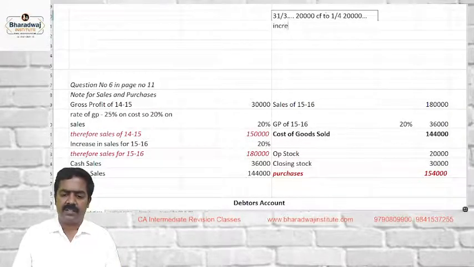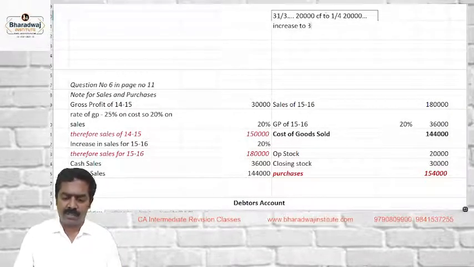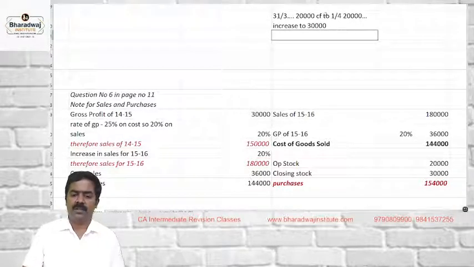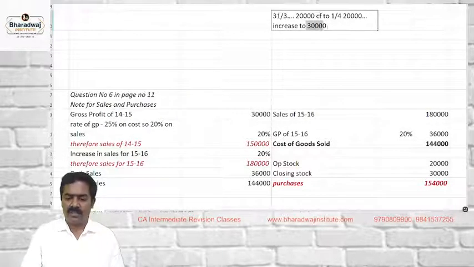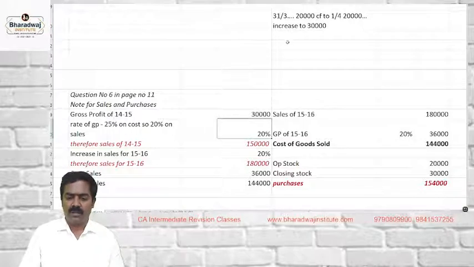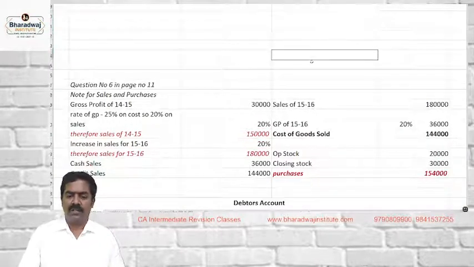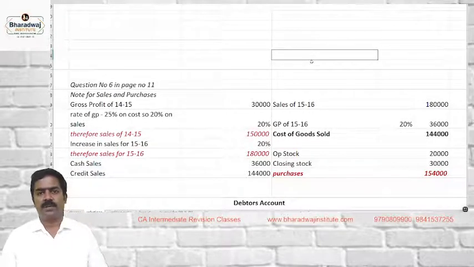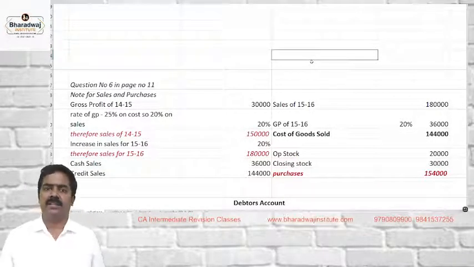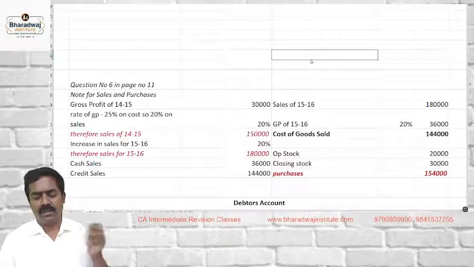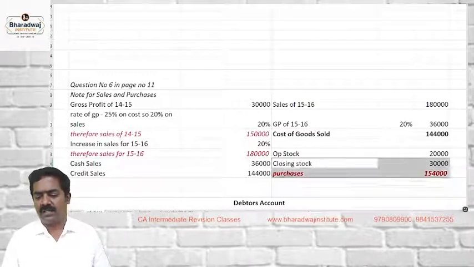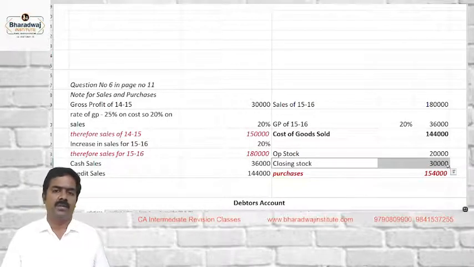Then we increase to 30,000, which means thereafter the stock remains 30,000. Opening stock is not 30,000. Opening stock is only 20,000. From that day we increase, which means probably in the evening of 1st April we increase. Opening stock is 20,000. Subsequently the stock level is increased to 30,000 and maintained throughout the year.